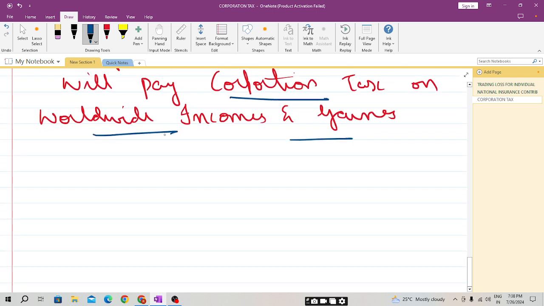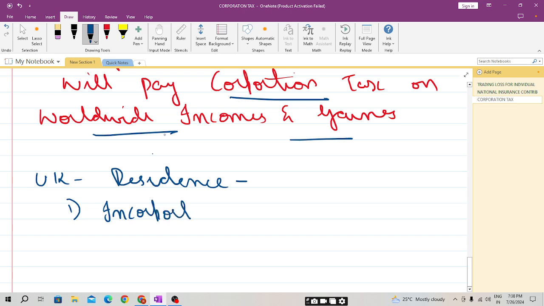And the UK residence of a company is determined as follows: if a company is incorporated in UK, then it will be a UK resident.